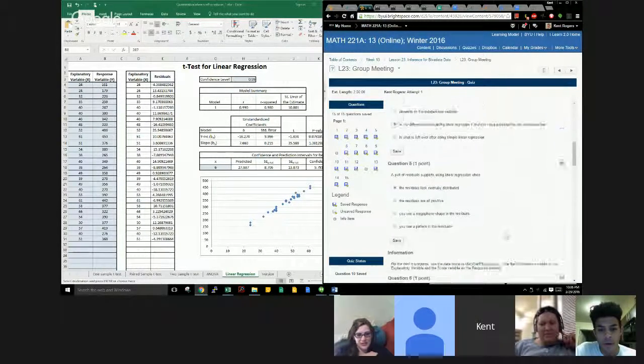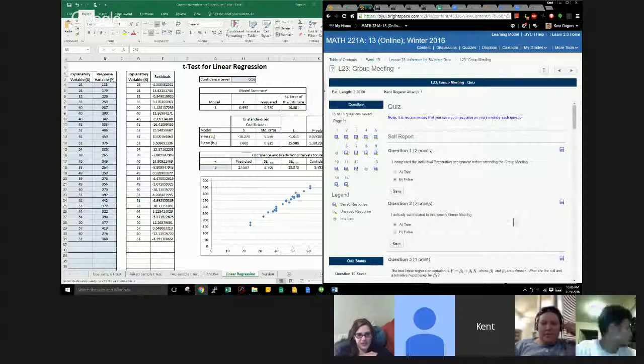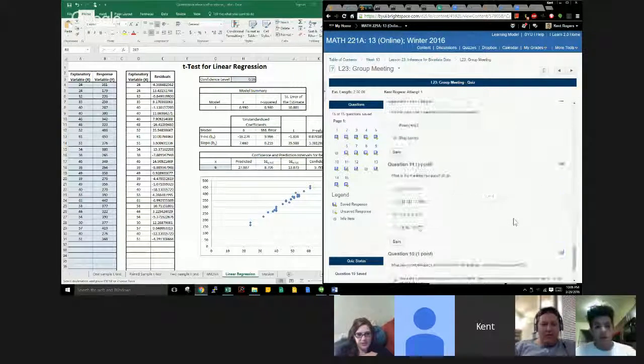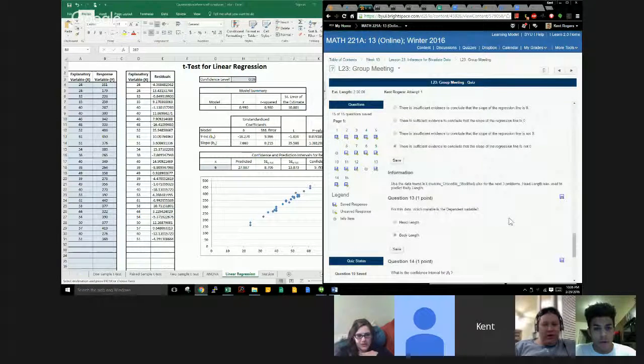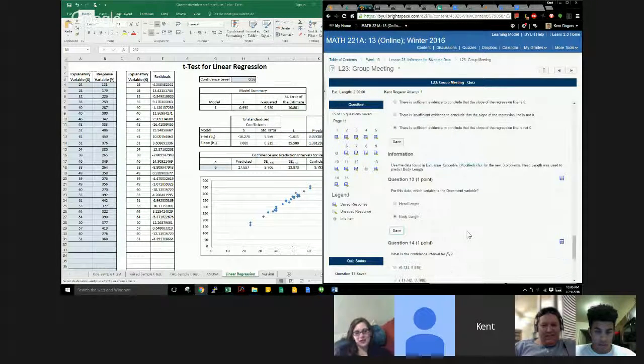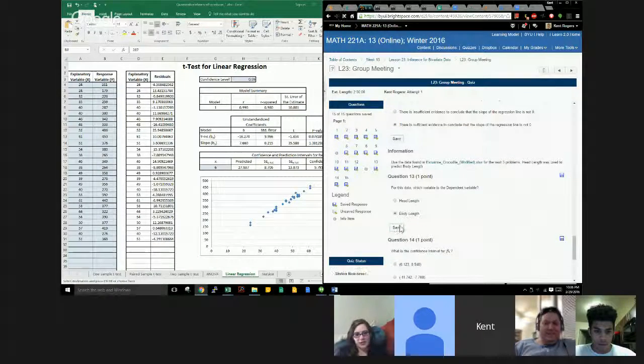We missed number 13, and that's it. So number 13. Why did we miss number 13? Oh, yeah, weird. You guys got it right. I read it wrong. I put body length. Telling you that the head was the independent variable, I clicked on it while I was talking about it instead of putting the body length as dependent.